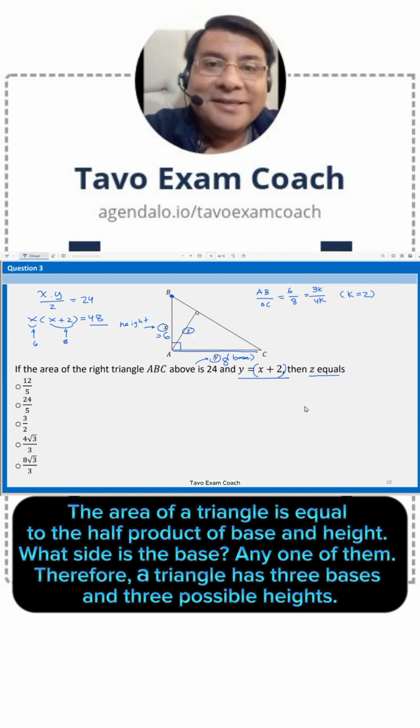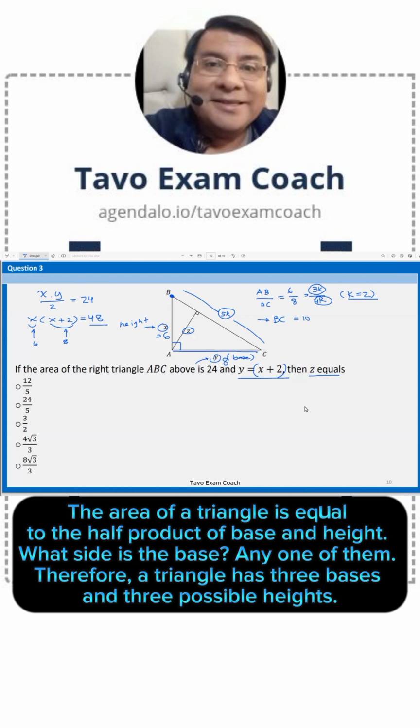This proportionality constant reminds us that the two sides of this right triangle are proportional to numbers 3 and 4. There is a special triangle in which the legs follow such a proportion, 3 to 4. So this side here must have a length proportional to 5. If k equals 2, that means that the length of BC must be 10.